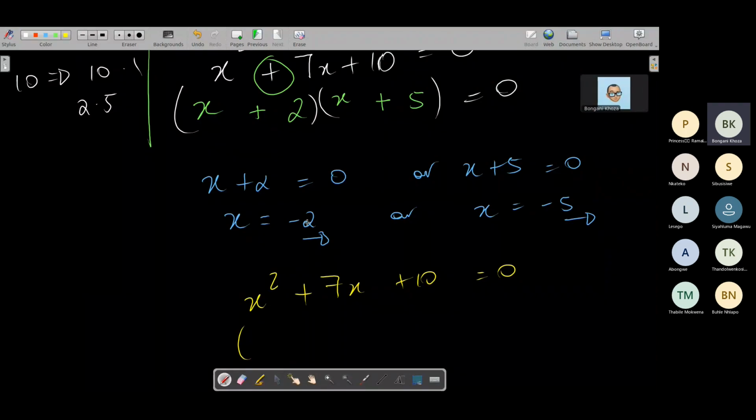You deal with -2 first, check if that answer is correct. Then deal with -5, check if that answer is correct. It is possible that only one of the solutions will be correct. If it's not a solution, you would cancel it out and say x is not equal to -2, but x is equal to -5, if this one doesn't give you the left-hand side equal to the right-hand side.